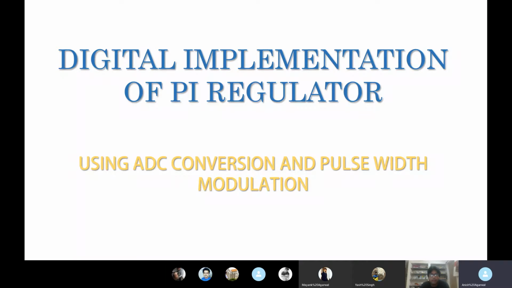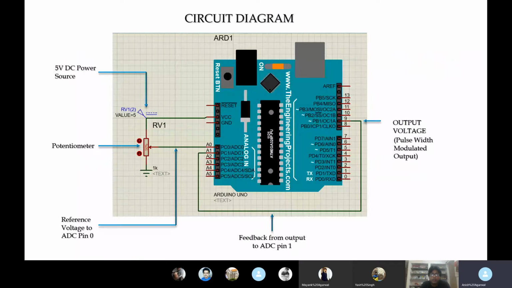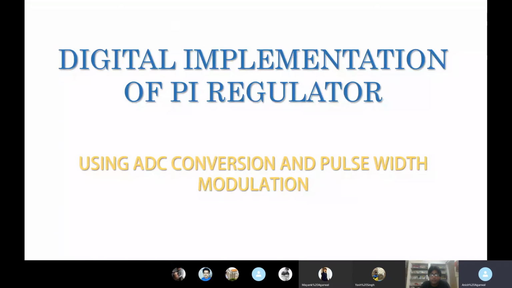This session is for that. I have already shown how to do that. Now it will be presented by Anish using ADC and PWM. Here, one potentiometer will be used to generate the reference signal, and a PWM will be generated that will be taken into one ADC channel as feedback.